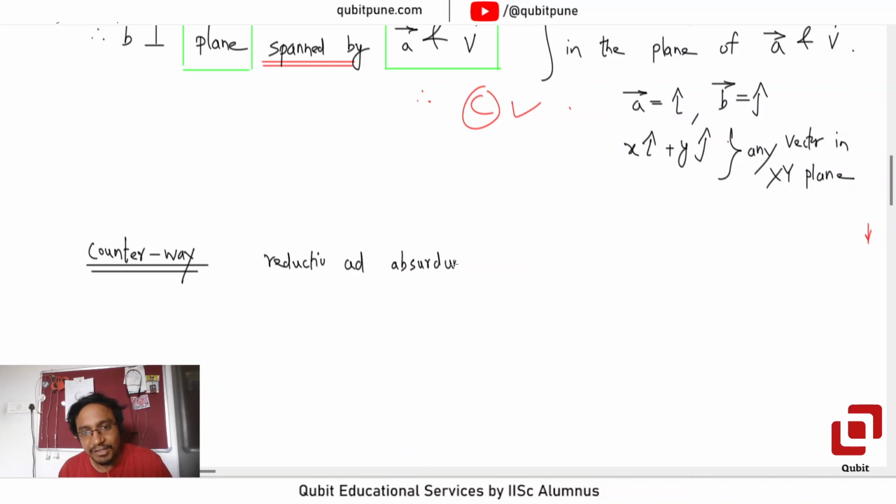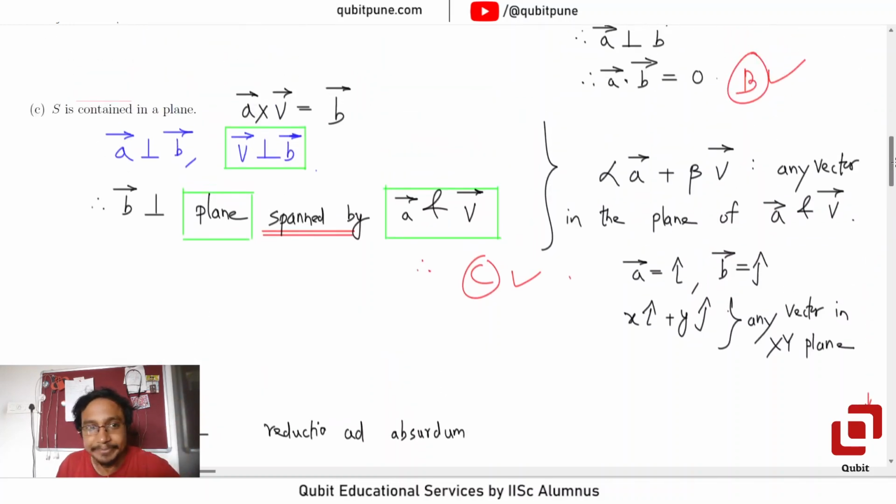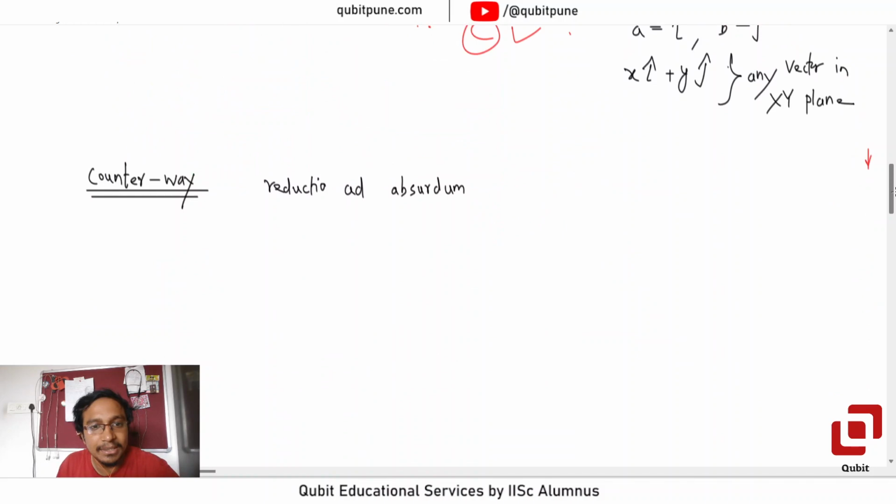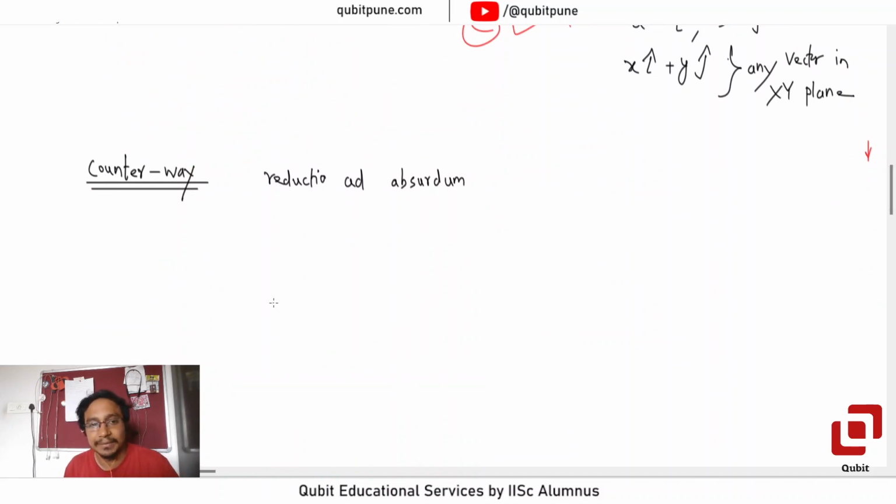That means whichever result we want to prove, we consider its negation and prove for the negation. If the negation turns out to be true, the result is false. If the negation turns out to be false, then the result is true. Or contradiction, method by contradiction. Let's see if we can prove it this way. S is contained in a plane, so we'll say S is not contained in a plane.